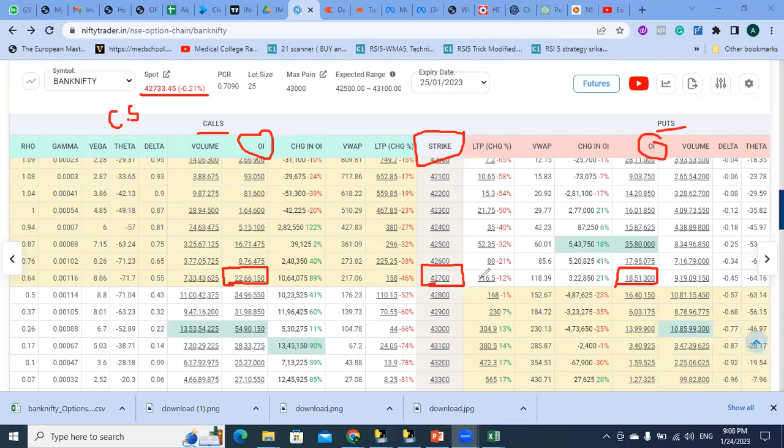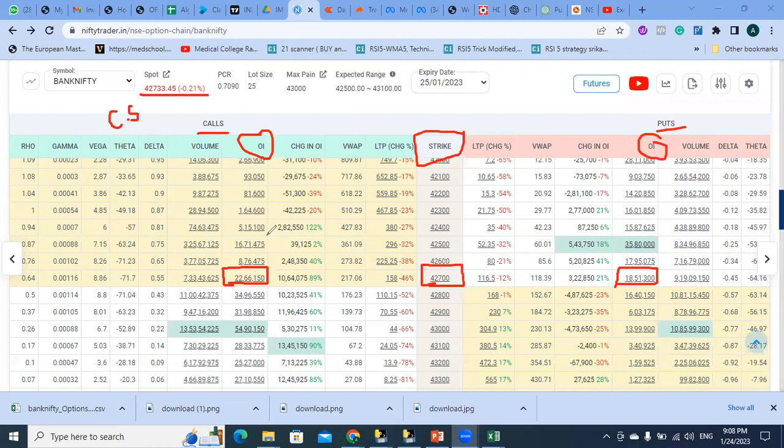Will he want Bank Nifty to go above 42,700 or stay below 42,700? Yes. All option sellers will always want the price to stay below 42,700 levels.